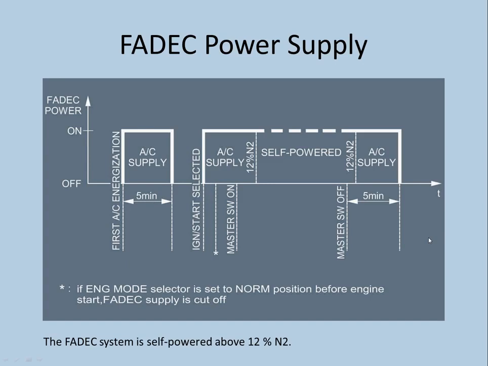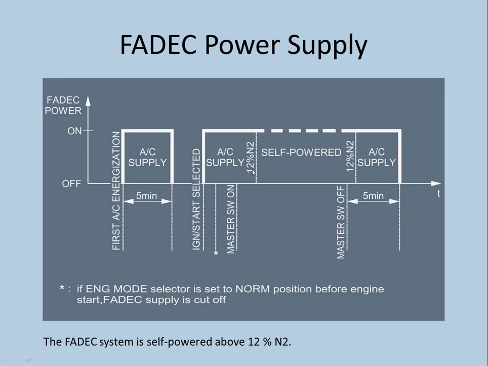So when does the FADEC get its power? When the aircraft is first energized, with external ground power or any other supply, it will work for 5 minutes, do its tests, and then shut down. When your ignition and start is selected, again the power will be on to FADEC, and when the master switch is on, it will still be on.